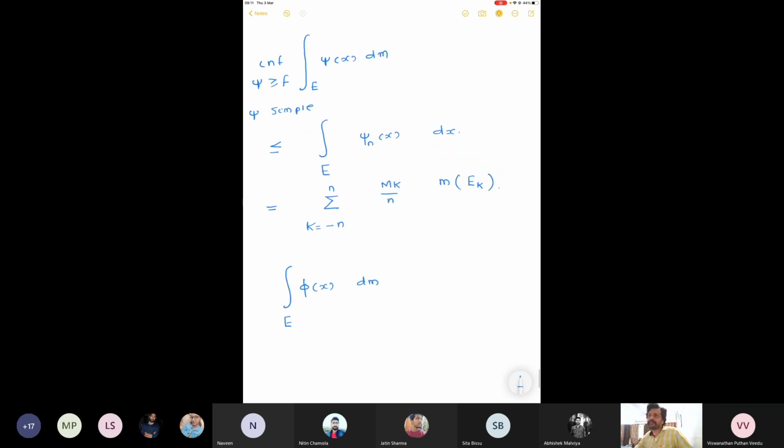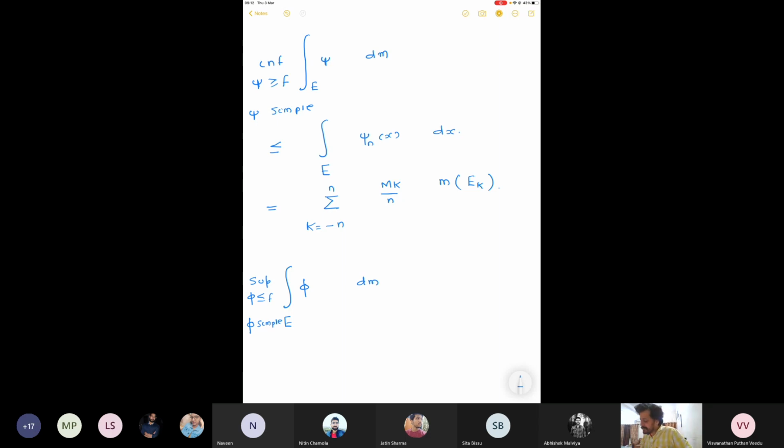But once you don't have confusion whether it is Lebesgue or Riemann, you can even write φ(x) dx, it doesn't matter. Then take the supremum over φ less than or equal to f, φ simple. This is actually the lower Lebesgue integral.